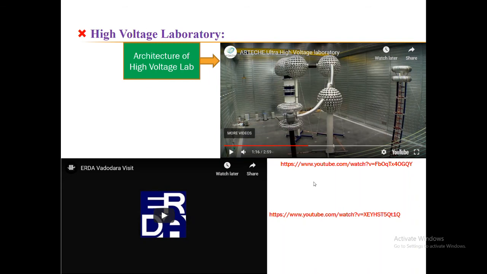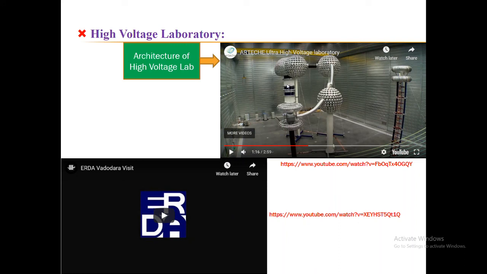So in this you can see the arrangement of the high voltage laboratory. In the first phase you have seen that the three transformers are normally connected in series to produce a very high magnitude of voltage. On the right hand side you can see the triggering gap for the impulse voltage generator.